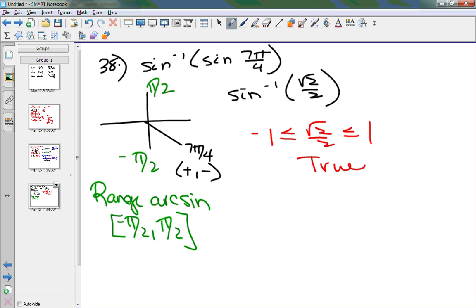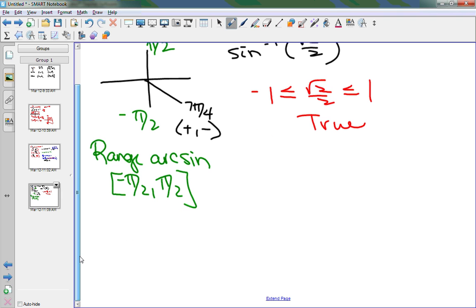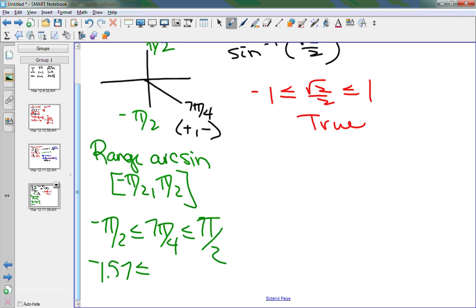I need to be between there. My question to you is, is 7 pi over 4 in between, is that a true statement? Is the decimal equivalent of 7 pi divided by 4 in between negative 1.57 and 1.57?